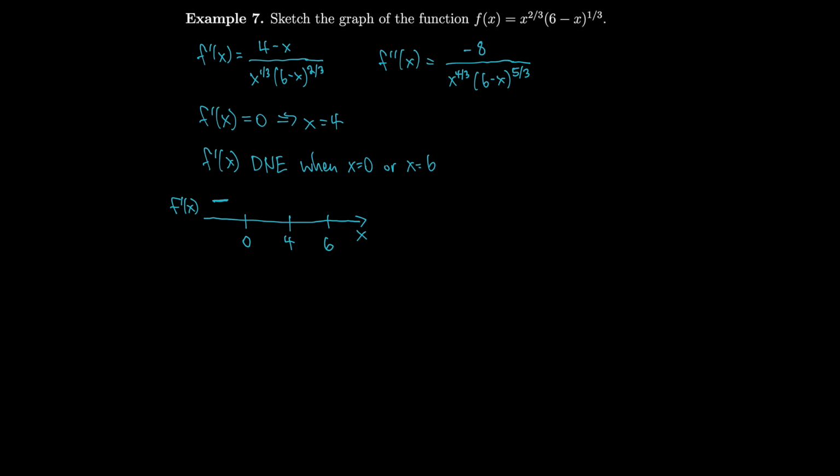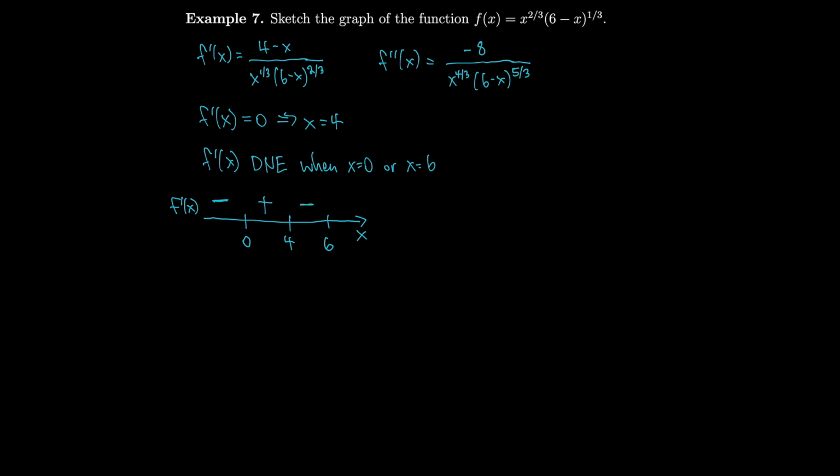Okay, and then from 0 to 4, let's say plug in 1, we get positive and positive, so it's positive. And let's say we plug in 5. If you plug in 5, the numerator becomes negative. This guy's always going to be positive, and now this guy's positive, so we're negative.